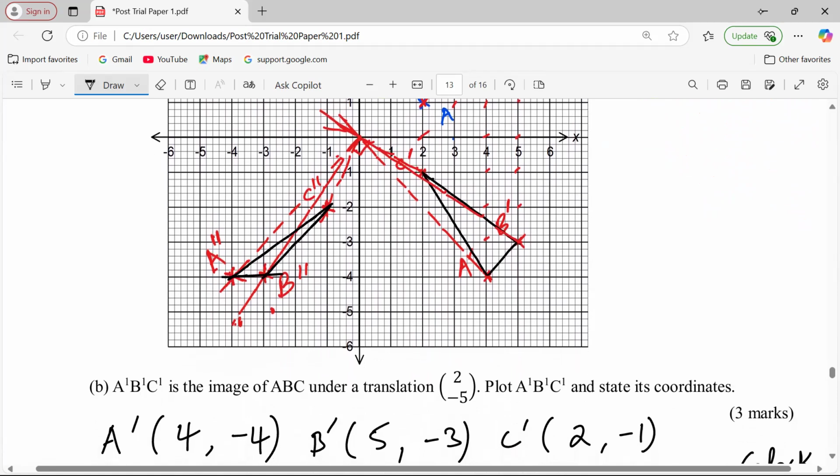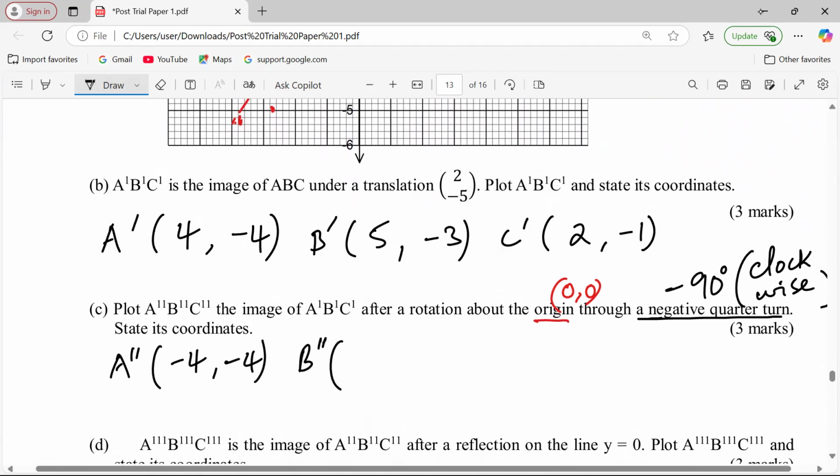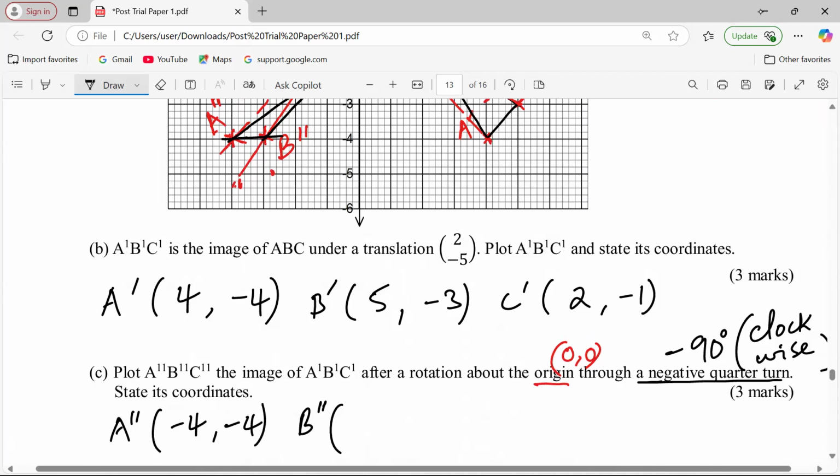Therefore, A double prime is -4, -4. Then we can talk about B double prime, which is supposed to be -5.